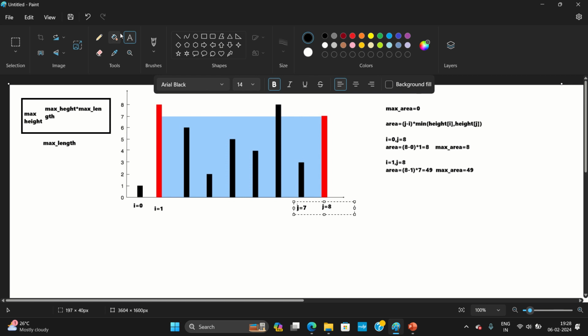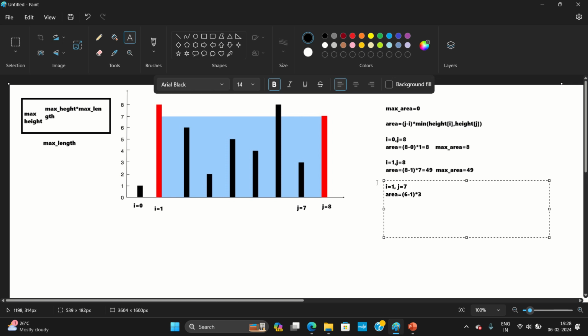Okay, in this case, again we find the area when I is equal to 1 and j is equal to 7. So area is 6 minus 1 into the minimum of these two, which has a height of 3.